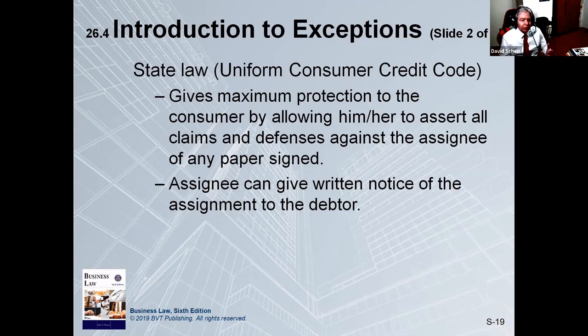So the consumer credit company that wrote the finance document comes to you and says, hey, you owe us the money and you haven't paid us.